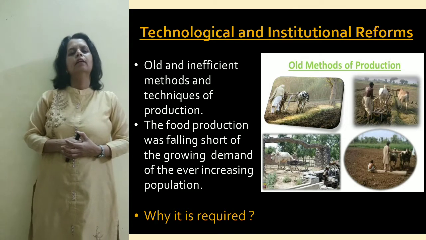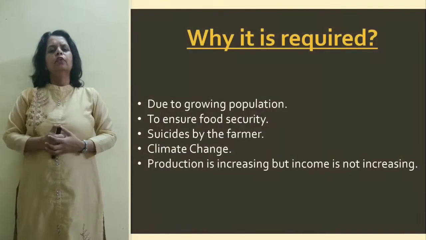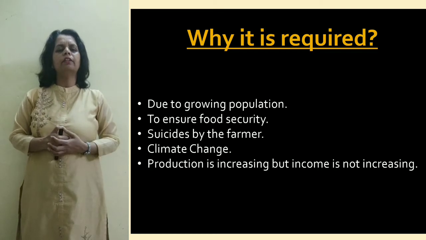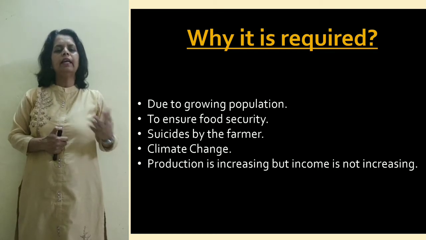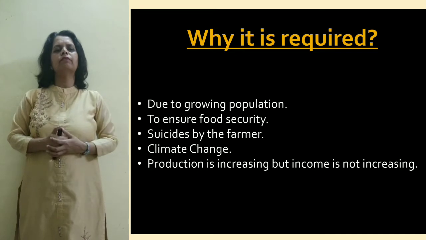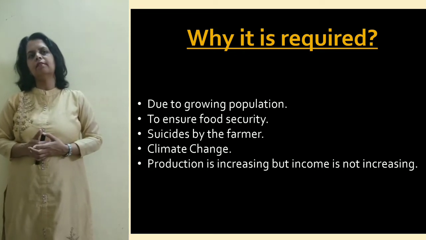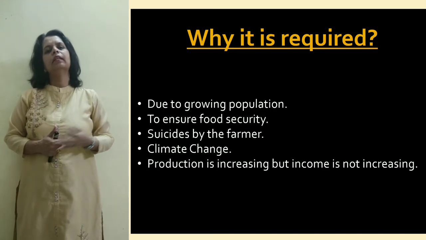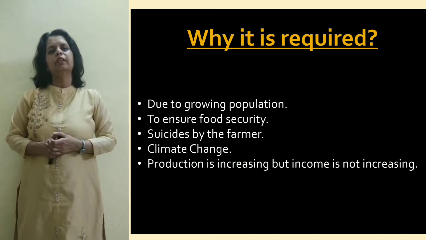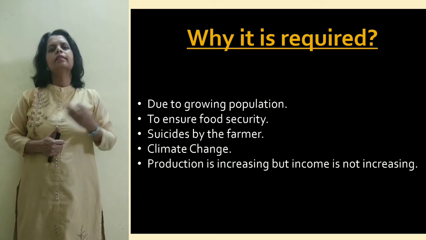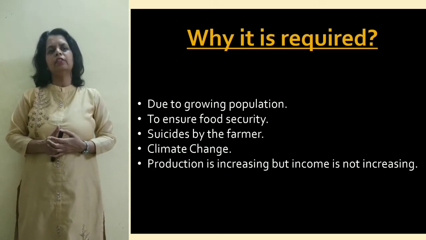To feed the teeming millions, it is a must that productivity increases. Also, India's major population is engaged in the agriculture sector, and thus there is a need to enhance this sector.